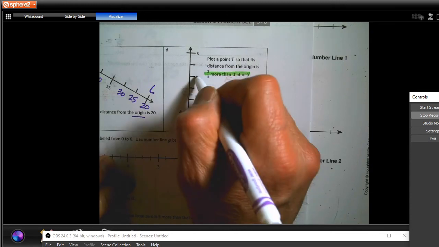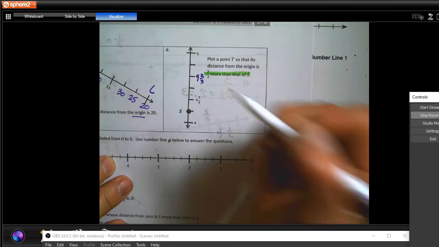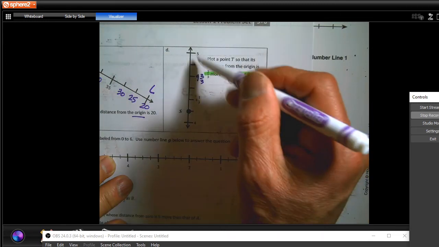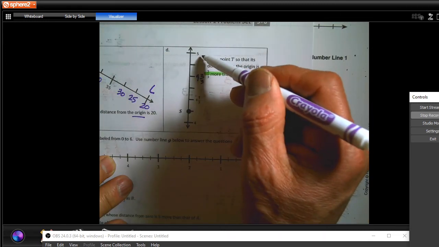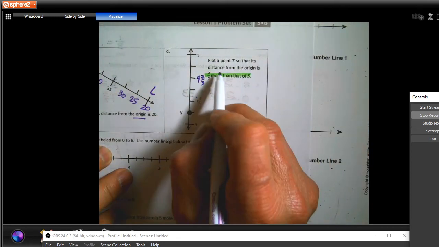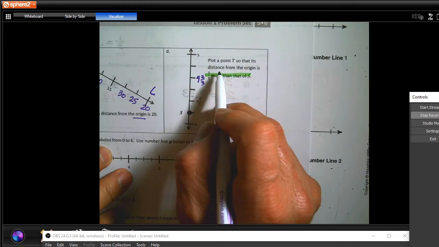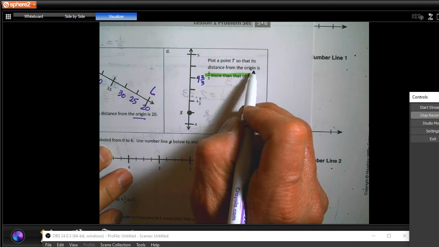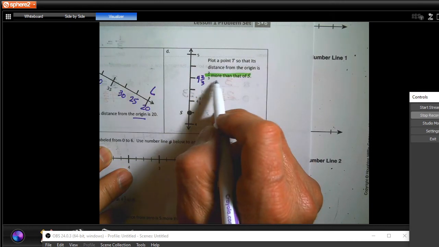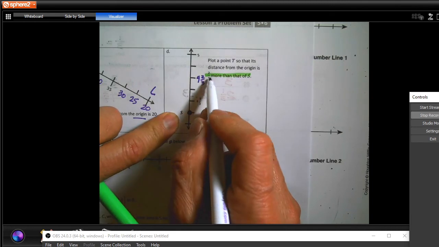So this should be 4 and what? 2/3, right? And one more third will be 5. So that's correct. Now the instructions are saying plot T so that its distance from the origin is 2/3 more than that of S. Okay, so it has to be 2/3 more.